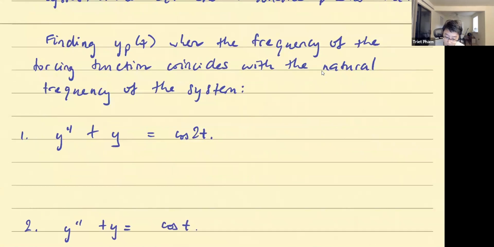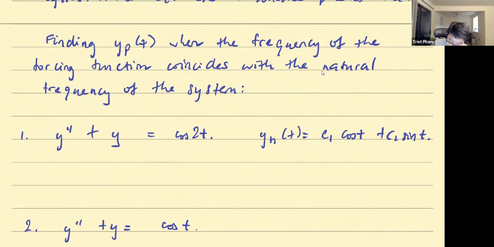All right. So in both cases you see that the YH is C1 cosine of t plus C2 sine of t.